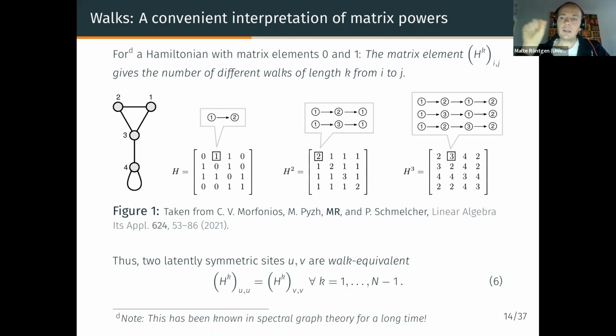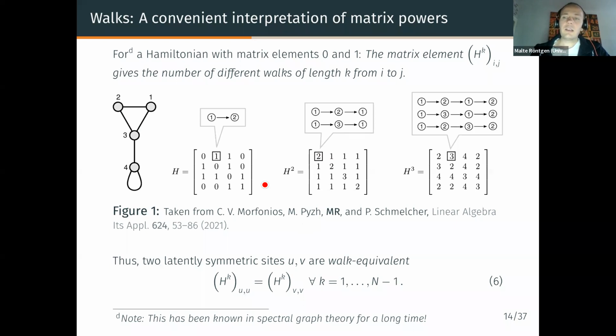And in particular, since, as you can easily show, the second power, so H to the power 2, counts the number of neighbors of those sites. So for example here, site 1 has 2 neighbors, and then you see H to the power 2, 1,1 is equal to 2.